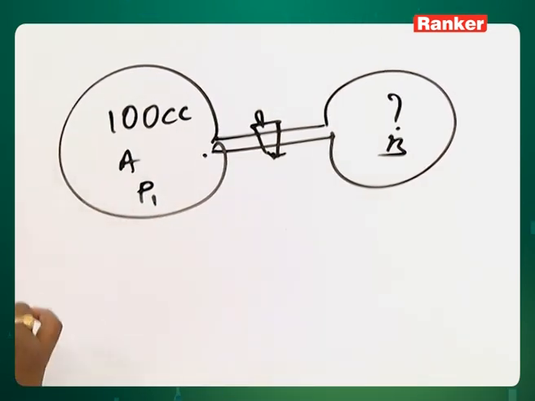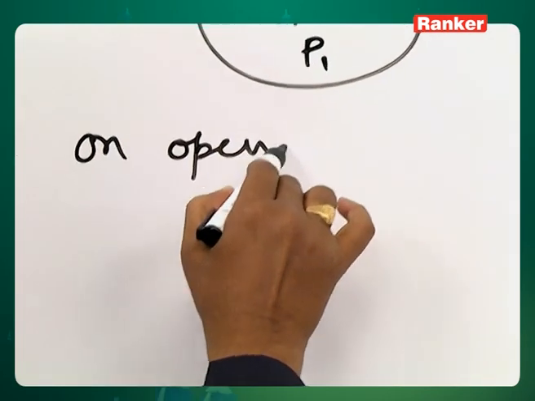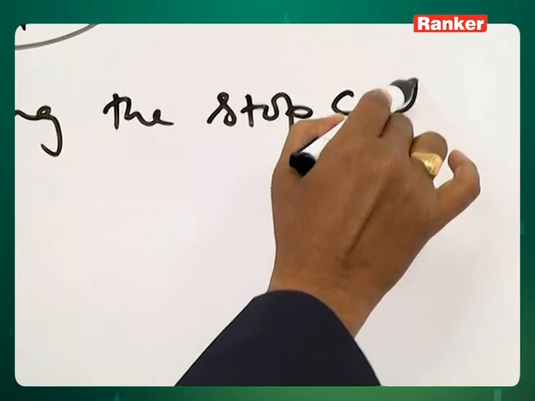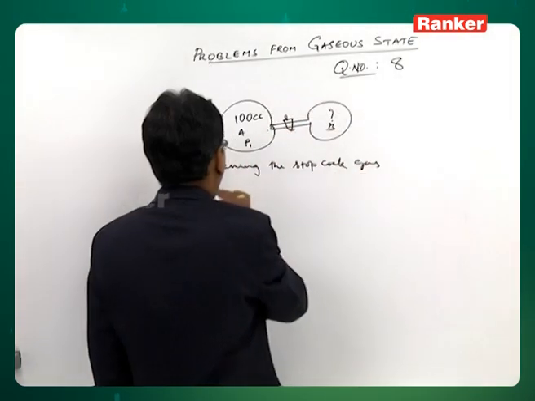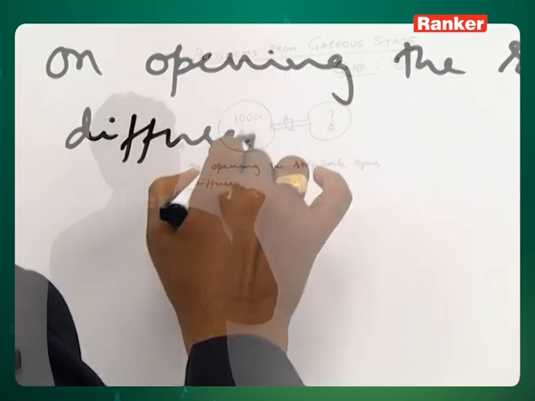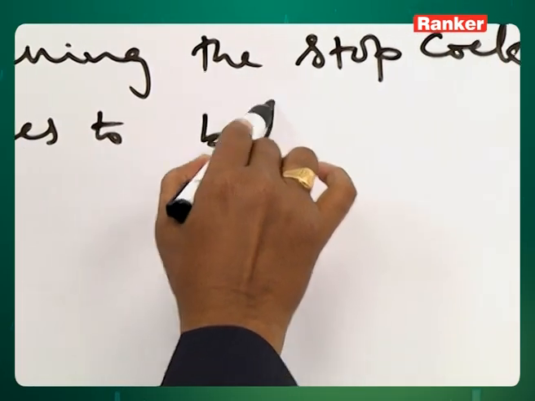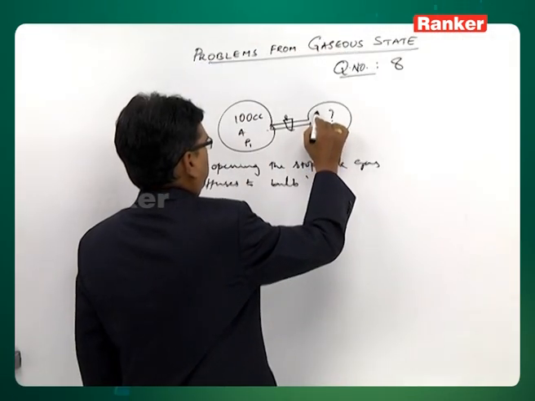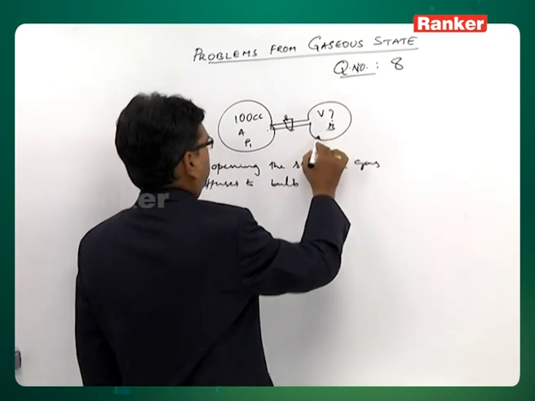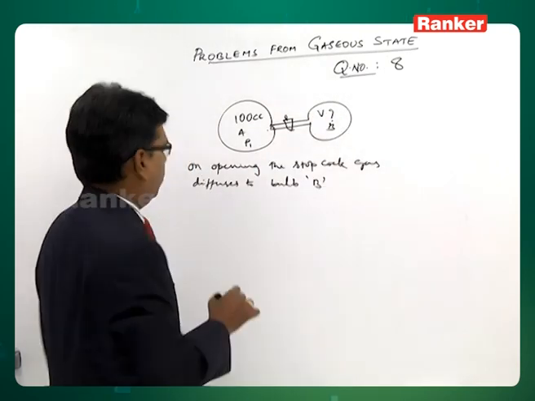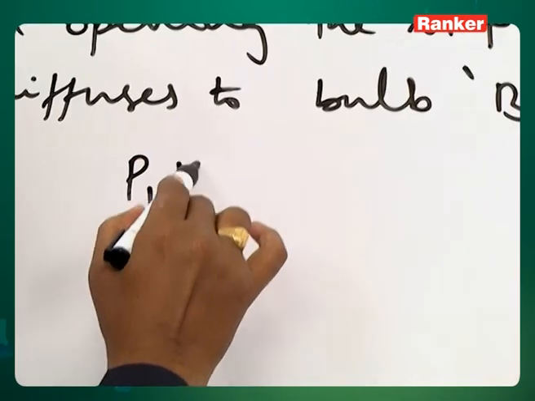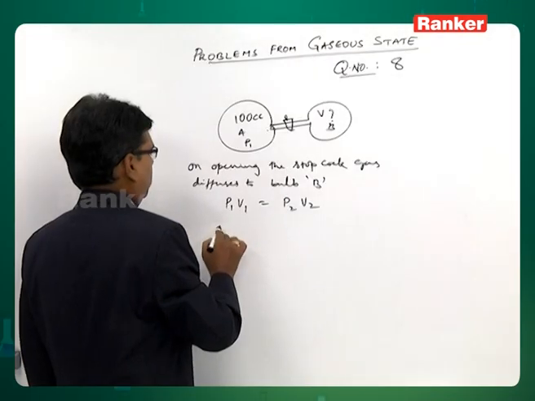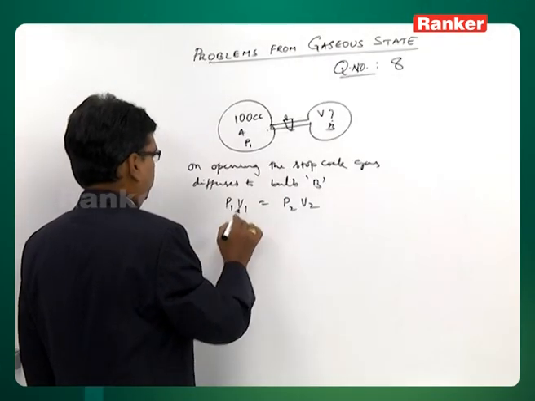Initially, suppose the pressure is P1. On opening the stopcock, gas diffuses to bulb B. Initially this is 100 cc. If the volume of the other bulb is V, after diffusion the pressure on both sides will become equal. So, P1 V1 is equal to P2 V2. The initial pressure is P1 and the volume is 100.